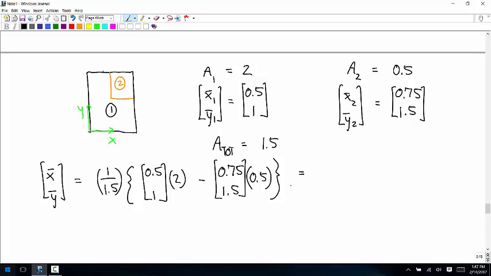And let's see, that's 1 over 1.5 times 1, 2, minus 0.375, 0.75.